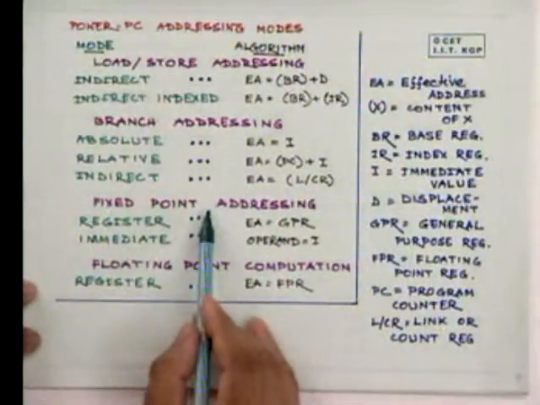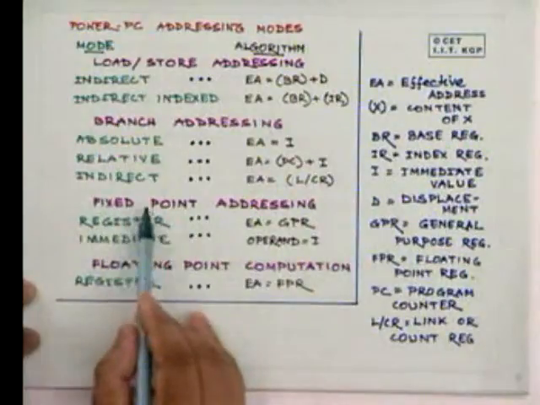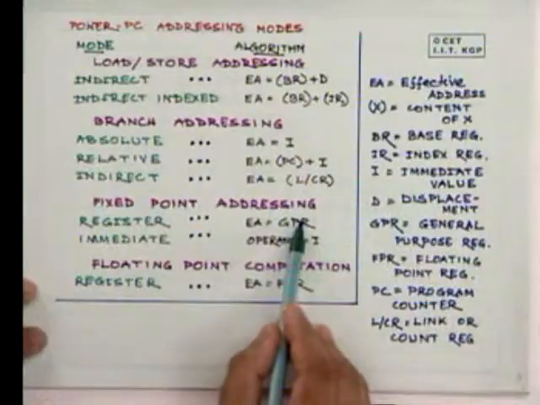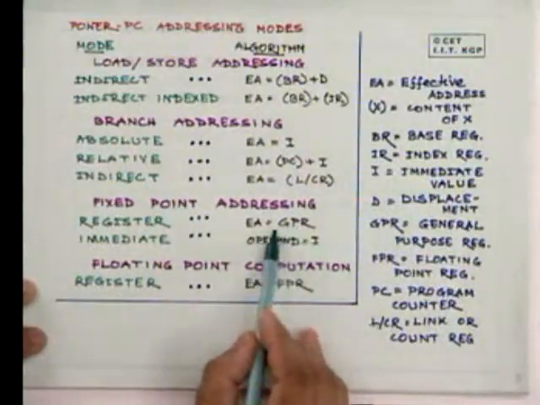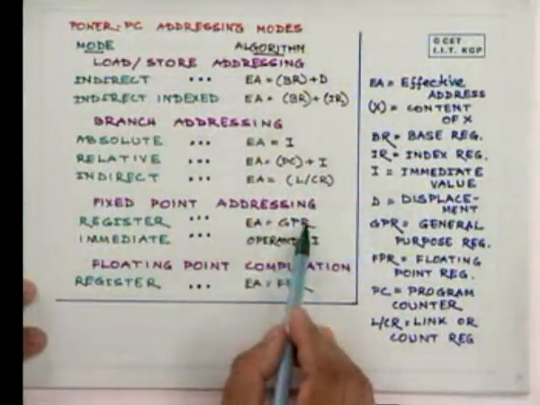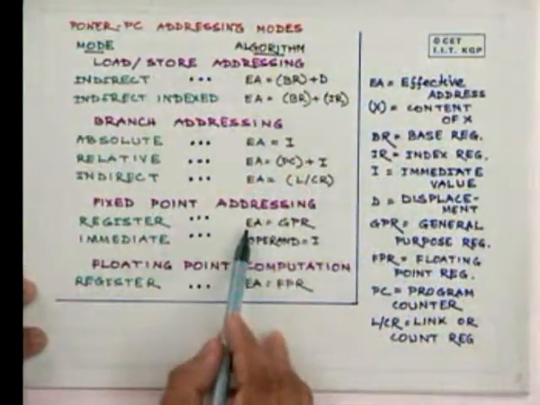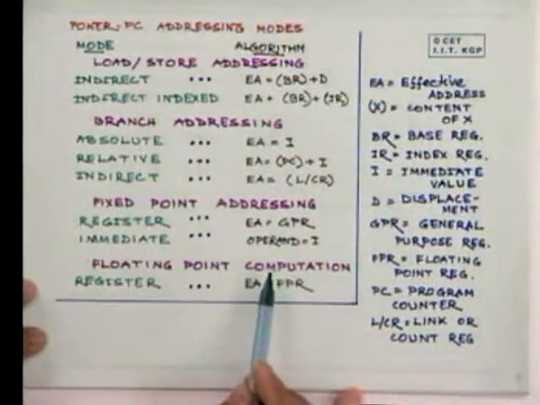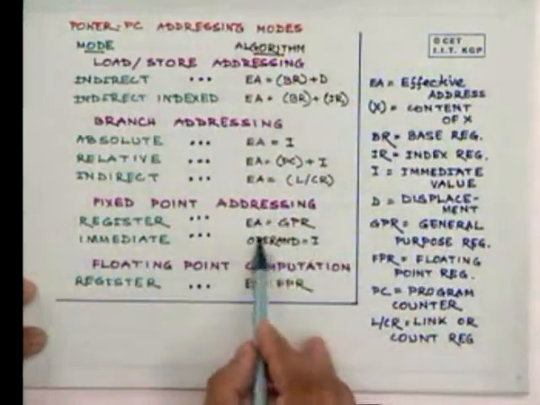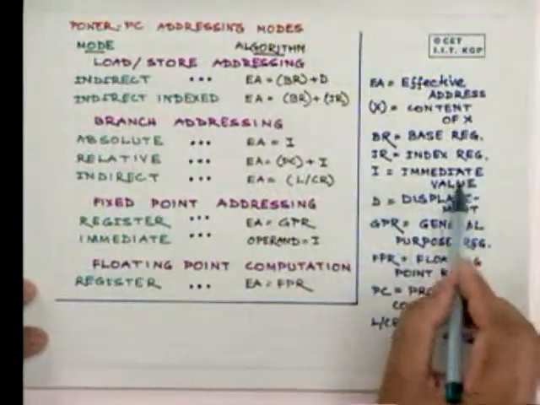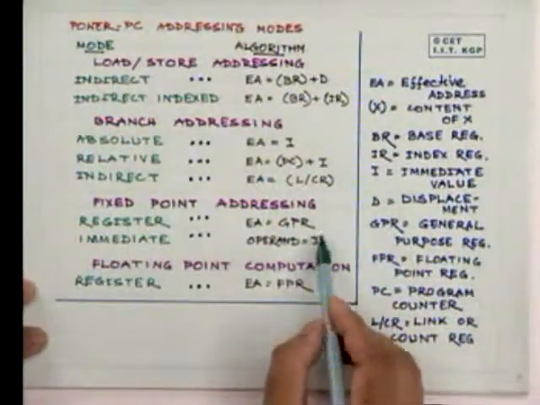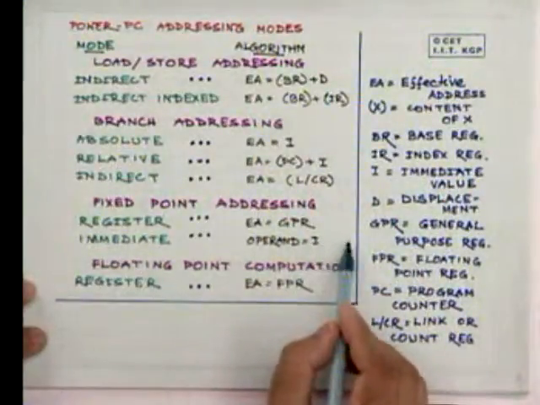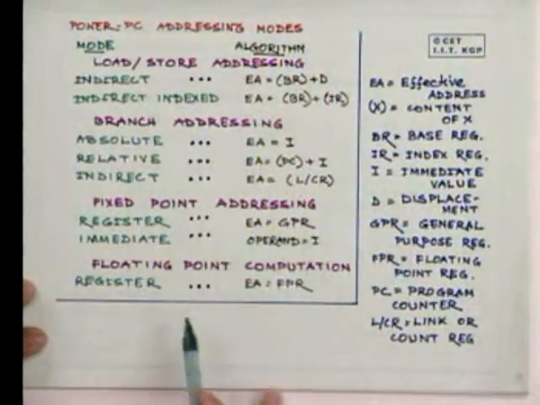For addressing the operands, say fixed point operands, in fixed point addressing we have the general purpose register as the effective address. We specify a general purpose register, okay, as the address of that operand, or we can have an immediate operand, where a portion of that instruction contains the operand itself, right?